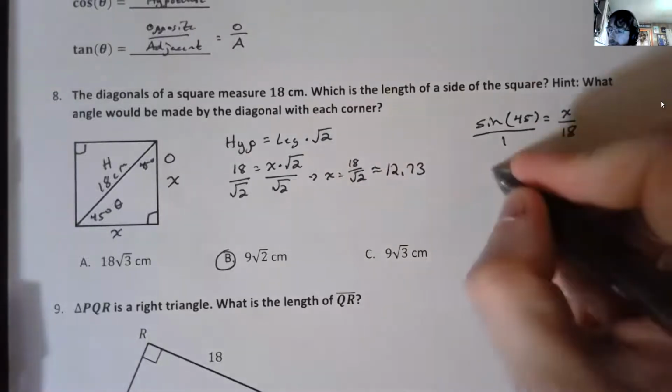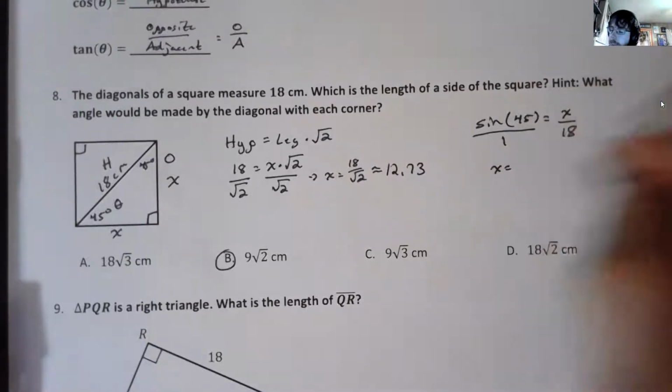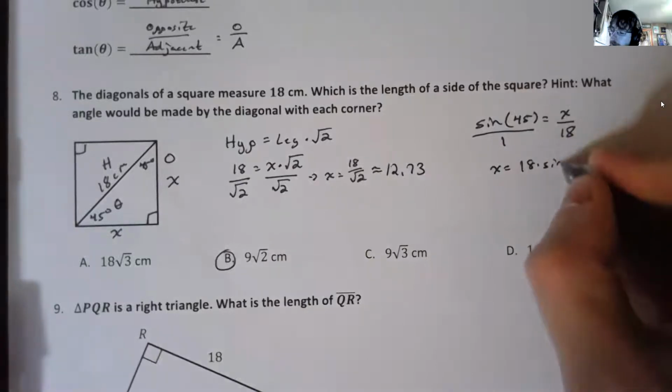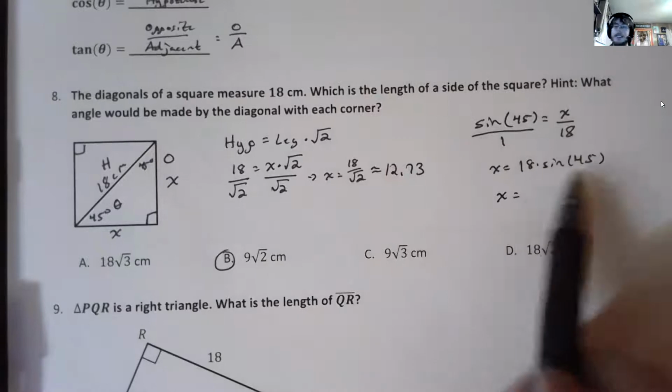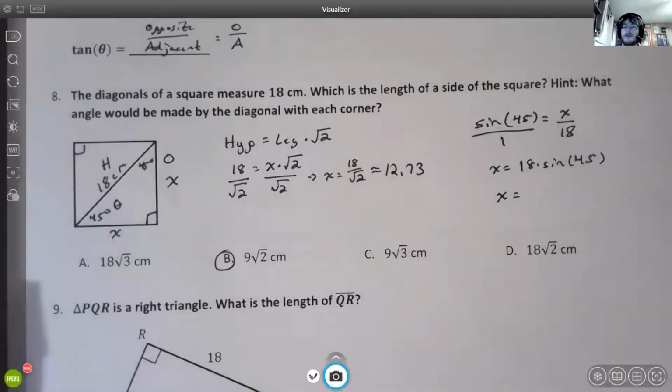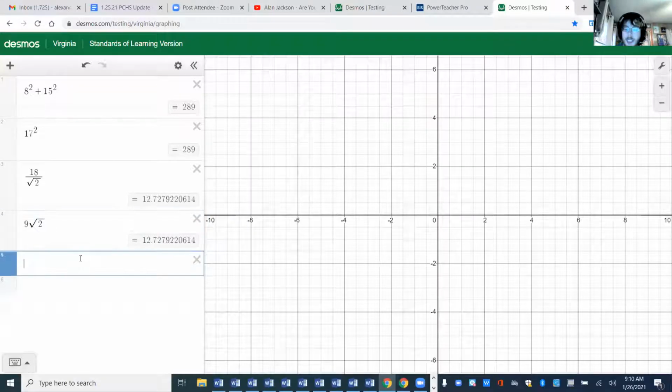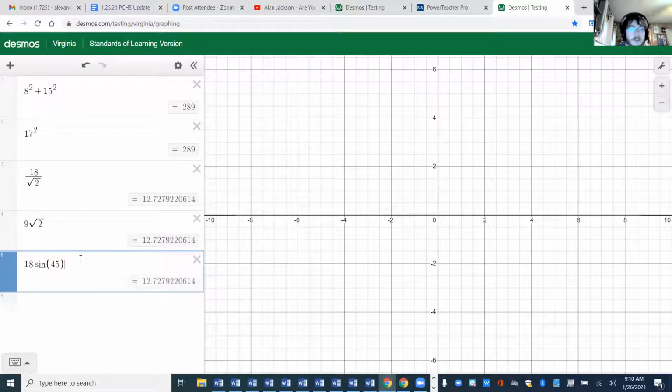So x times 1 is x, 18 times sine of 45. Then you just go into your calculator in Desmos and plug in 18 times sine of 45. So we do 18 sine of 45. And as you can see there, it gives us the exact same thing, 12.73.